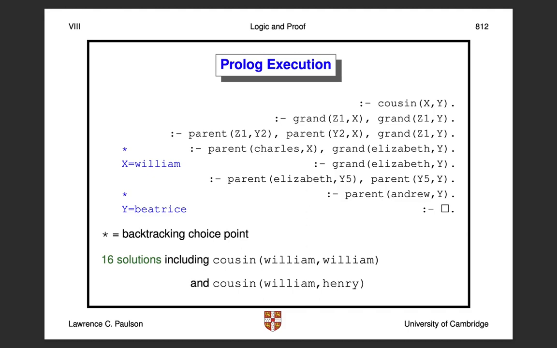In the course of solving the goal, I mentioned once that in Prolog, and indeed in resolution theorem provers, variables are things that begin with capital letters. Things with lowercase letters are constants, and that is why Elizabeth, for example, begins with a lowercase e.